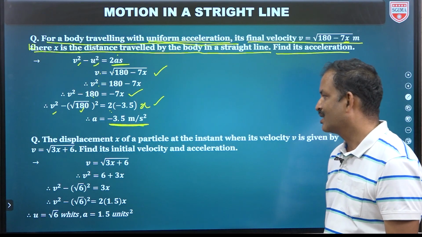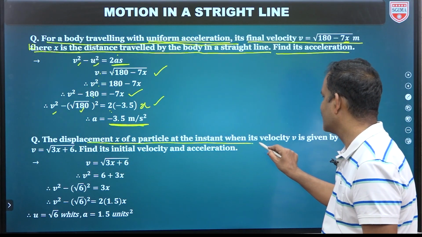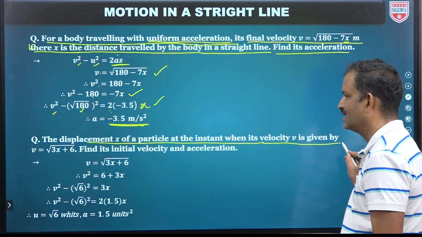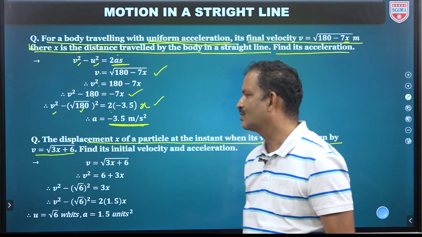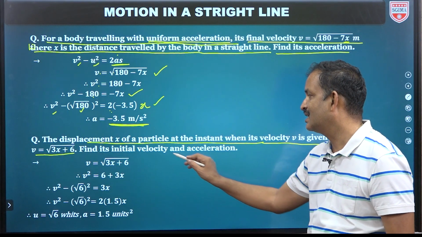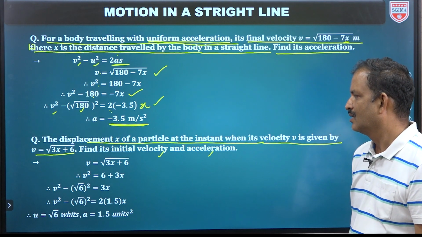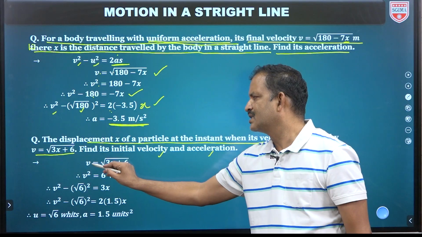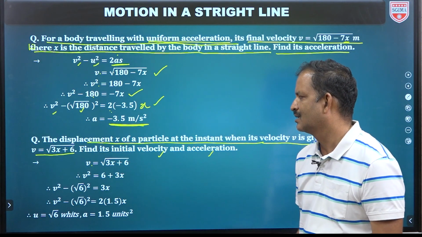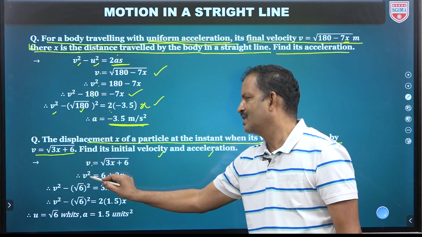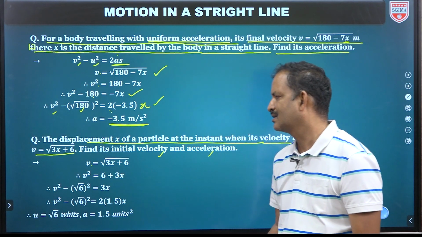Same model, I am giving one more problem. The displacement x of a particle at the instant when its velocity v is given as V is equal to root 3x plus 6. Find the initial velocity and acceleration. Squaring, V square is equal to 6 plus 3x.